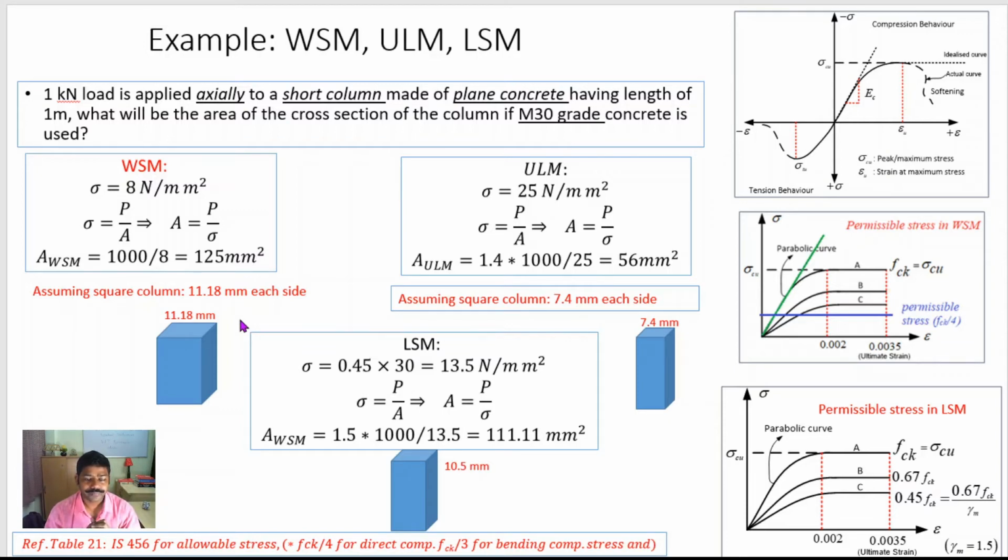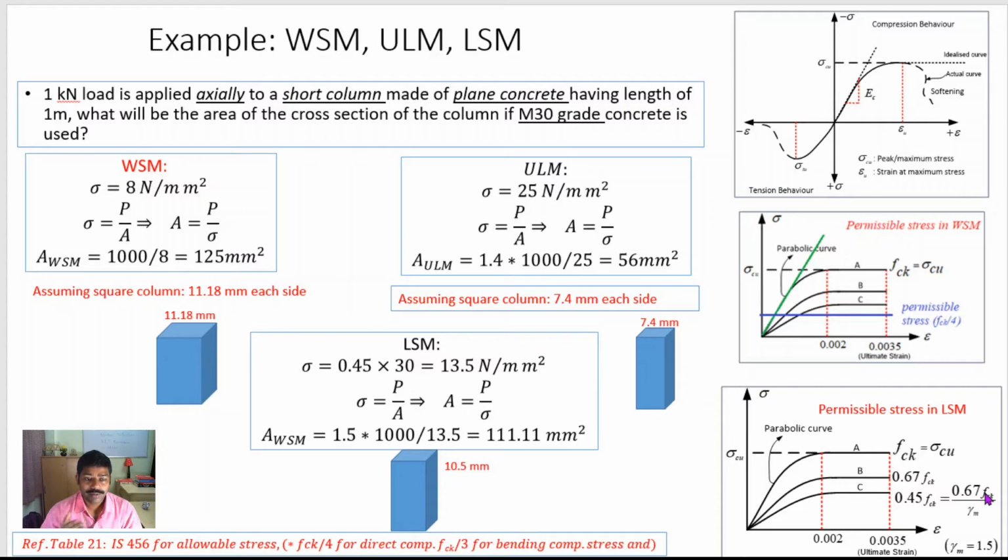This value can differ a little bit if, in the case of the ultimate load method, we consider a different load factor; I assumed 1.4. If you consider the three methods, you can see that as per the working stress method the size is coming high, the ultimate load method size is low, and as per our limit state method it is in between these two.